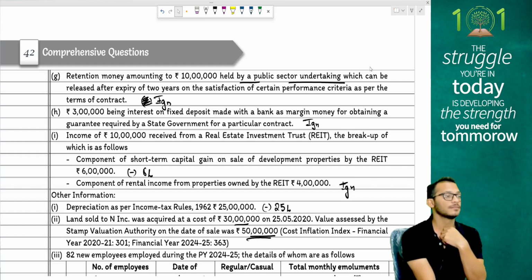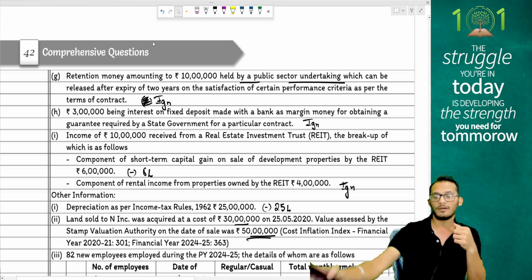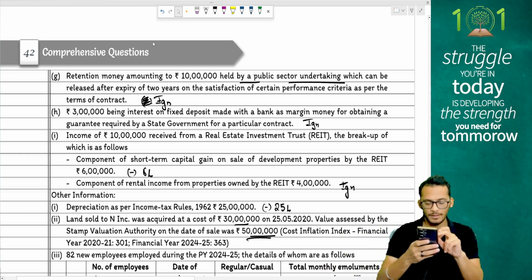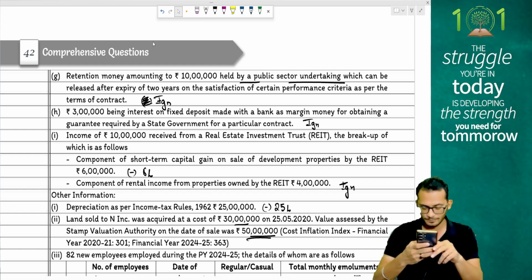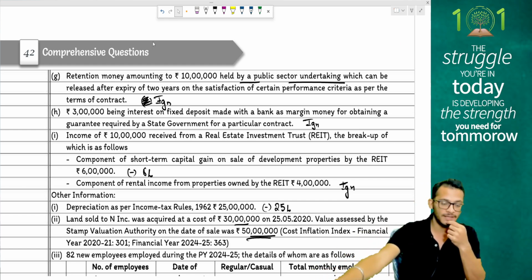Considering the sum is already credited to P&L, no further adjustment is required. Amount becomes 0. Yes, point number H.